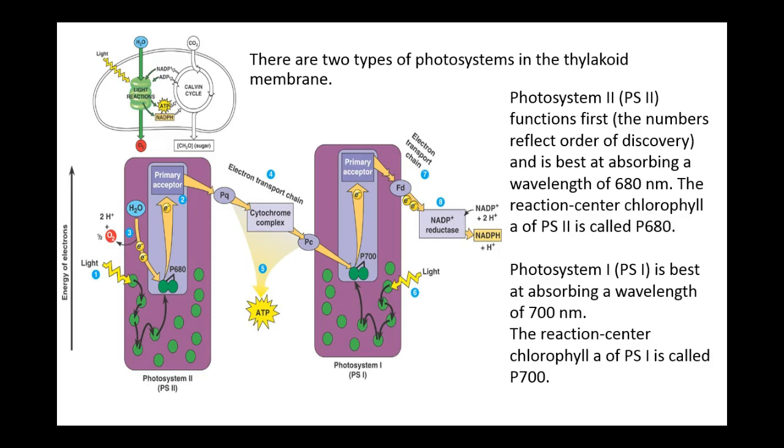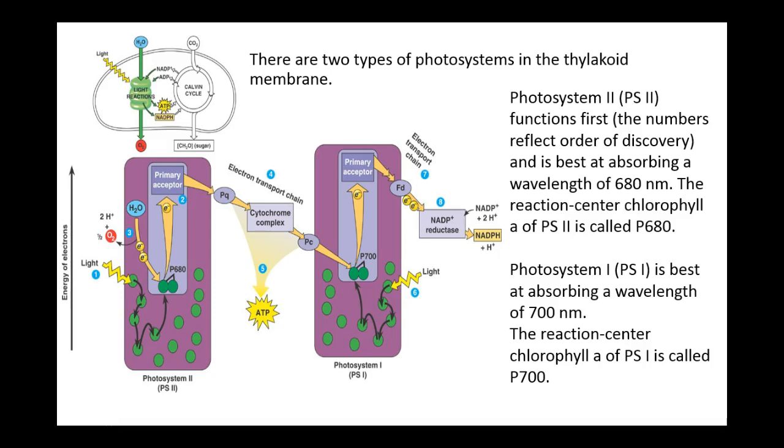And then that same electron is picked up by the next chlorophyll A in photosystem 1. That one also brings light in, brings photons in.